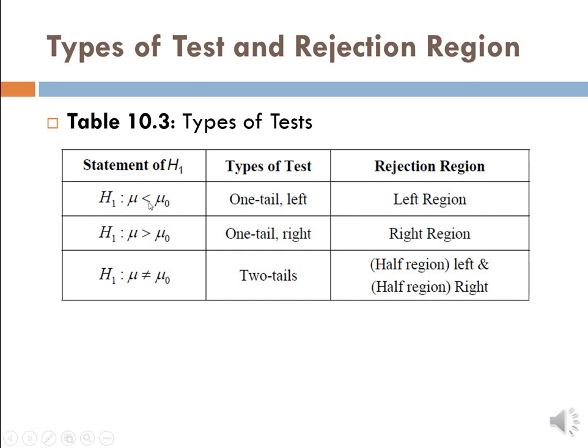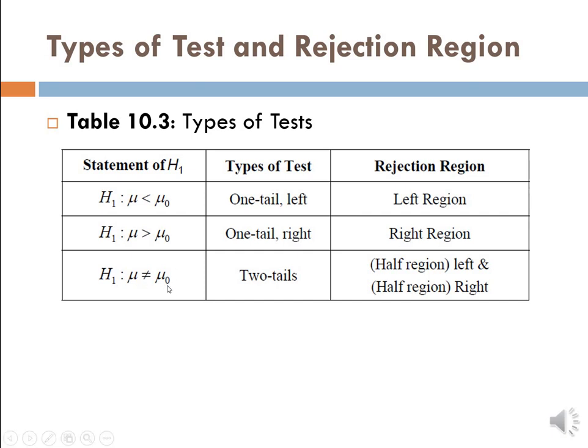If the sign is a less than, like we said earlier, then it is a left direction, which means we have a left region of rejection, or what we call a one-tail test to the left. And then if we have mu greater than the test value mu naught, then we have the rejection on the right side, or a one-tail test to the right.